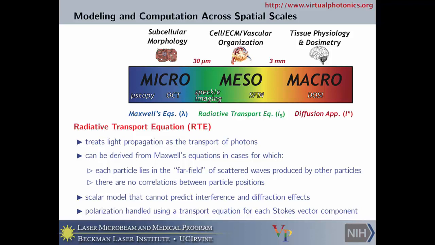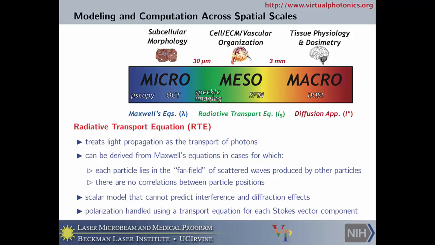And so each particle has to lie in what's called the electromagnetic far field from scattered waves produced by other particles. And the reason for that is that if you look at scattered waves from particles in the Maxwell's equation context, the angular distribution of that wave actually evolves after it is scattered by that particle. And then it reaches a far field and kind of non-evolving angular distribution. And that's typically on the order of 6 to 10 particle diameters.